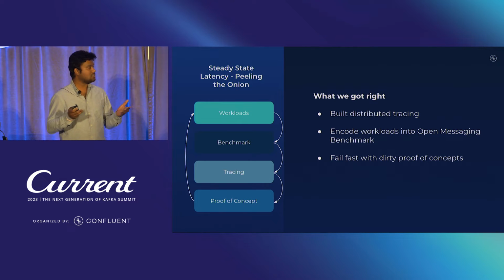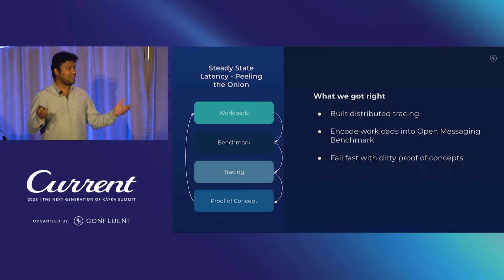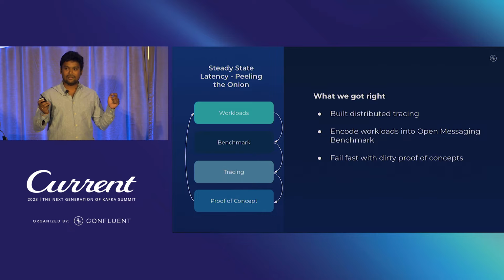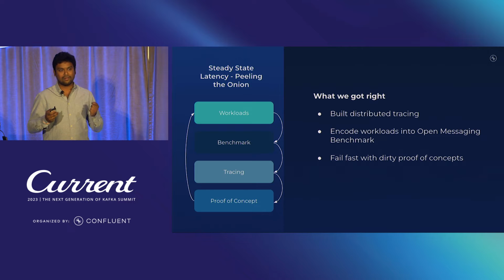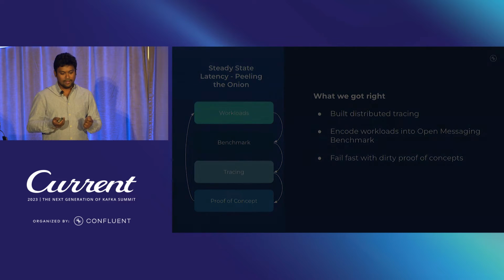After that, we built a lot of fail-fast dirty POCs. This was an arduous process because at every layer where we found a bottleneck, we had to make a call whether to completely rewrite the layer, mask it, or make it more efficient. We had to go through this for every layer of bottlenecks that we found.